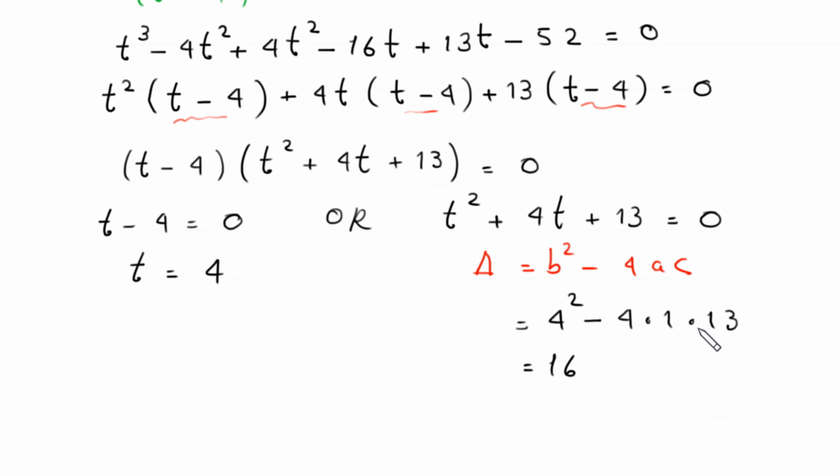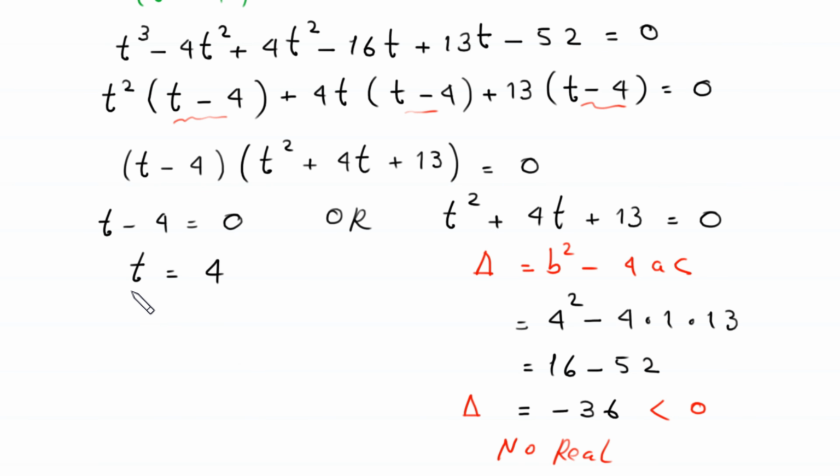Negative 4 times 1 times 13 will become negative 52, and 16 minus 52 is negative 36. It means that the discriminant is less than 0, so no real solutions can be found from this equation. We accept only this value of t, 4.